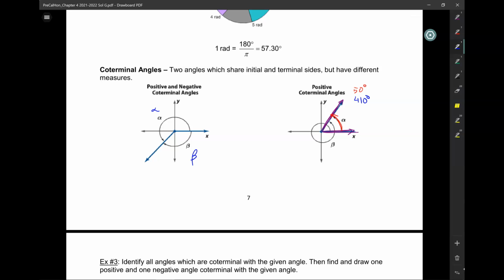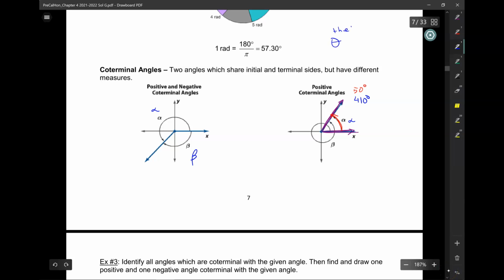Alpha and beta used to be the symbols for random angles, and then somehow they got changed to A, B, and C and X, Y. Okay, they're just Greek letters, alpha and beta. That's how we write it. Okay, don't worry too much about that. Just know theta. Theta, that you should know.